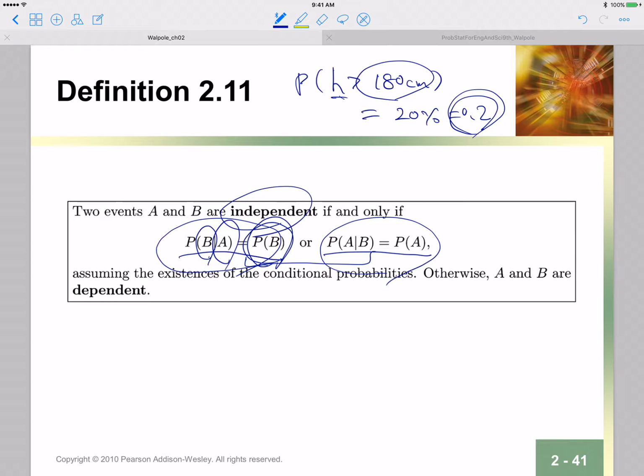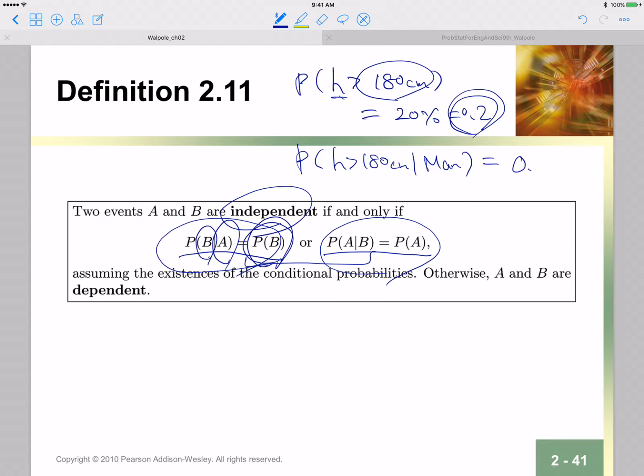But suppose we obtained additional information that the sampled person is actually a man. That can be represented as given man. In this case, would this probability be more than 0.2 or less than 0.2?